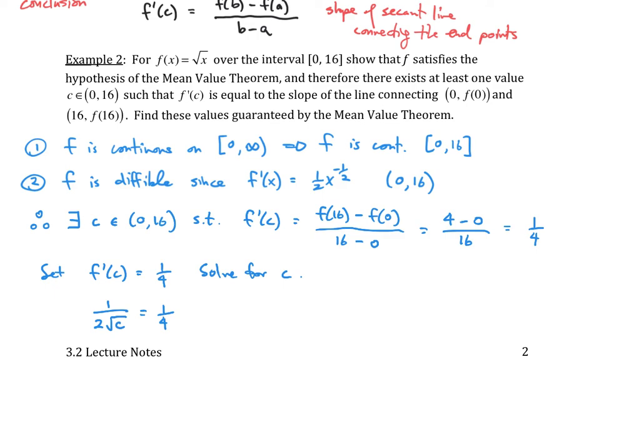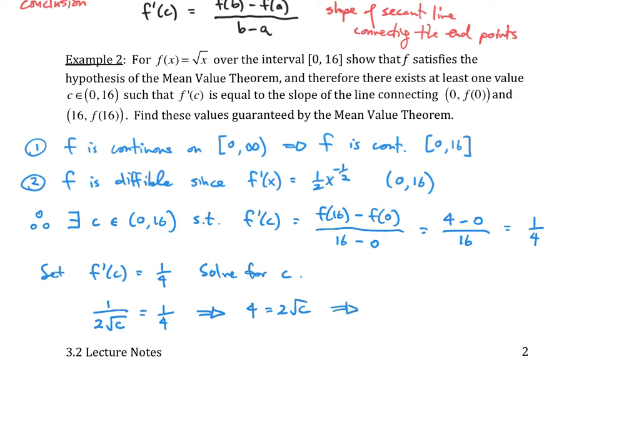Okay, so using algebra, I can multiply both sides by 4 and both sides by 2 root C. And when I do that, I'm going to get 4 is equal to 2 root C, like this. I can divide both sides by 2.